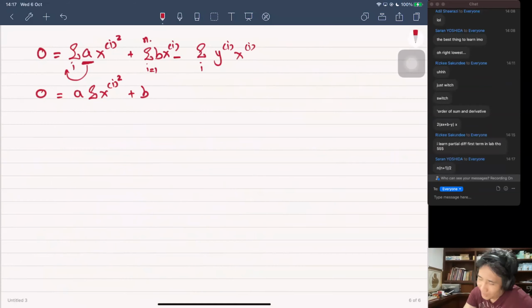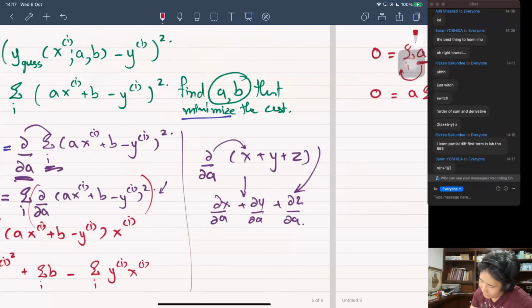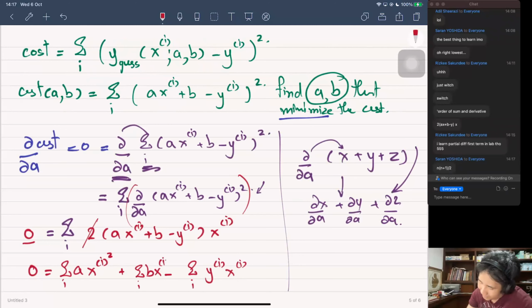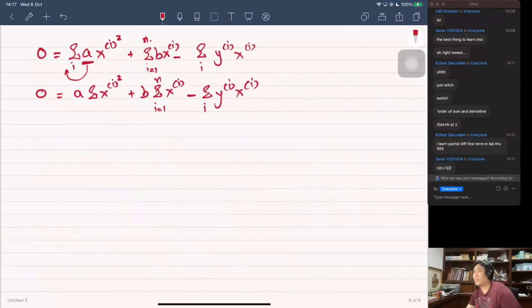Right, then I can do the same thing. And that is equal to minus the sum of yi xi. I screwed up one thing. There should be an xi here because I multiplied xi inside. Not n over 2. No, you're not summing over i, Saran. You do something much easier.